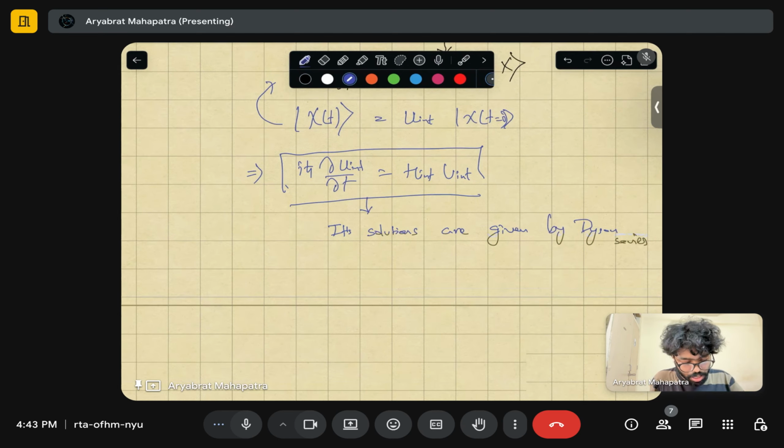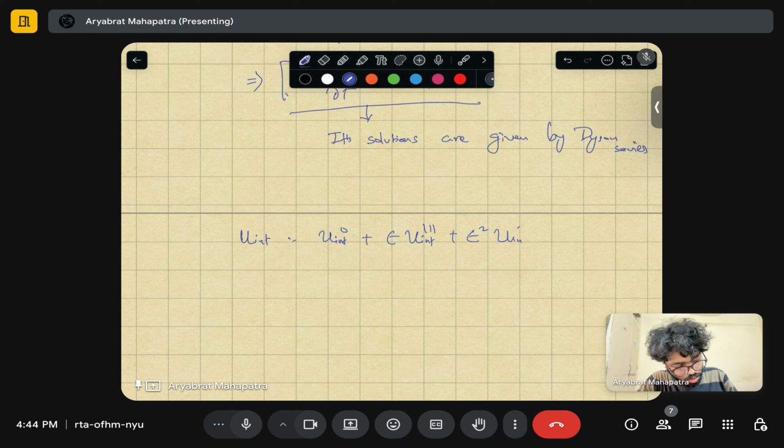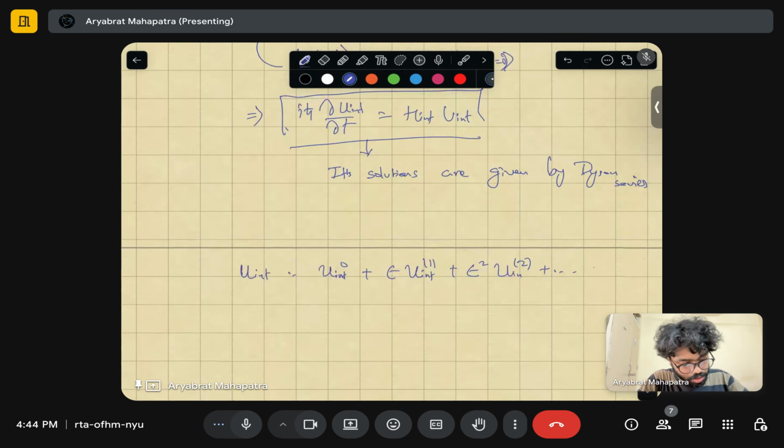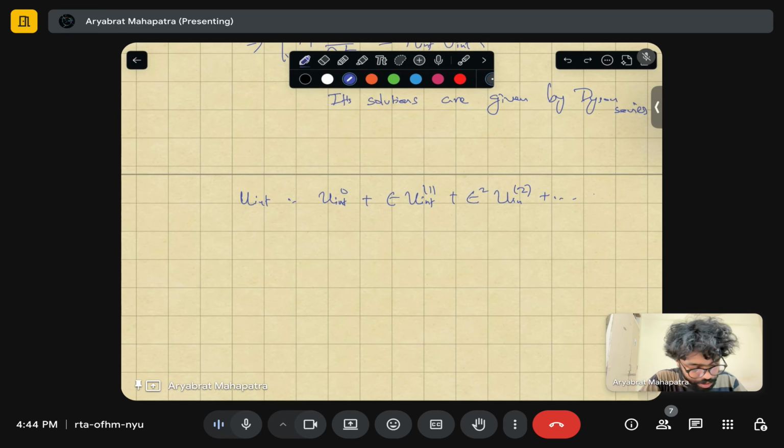Suppose you consider u int as u int 0, plus epsilon u int 1, plus epsilon square u int 2. You consider this as a solution for this Schrodinger equation and you solve order by order. So you are basically assuming a solution order by order. What does this mean?